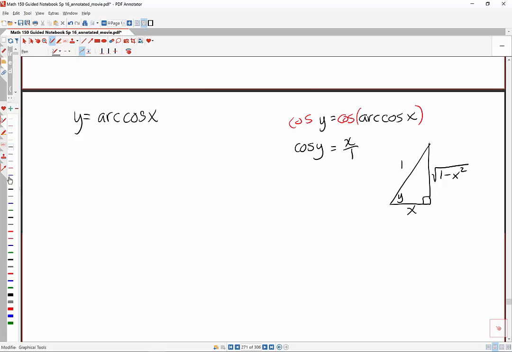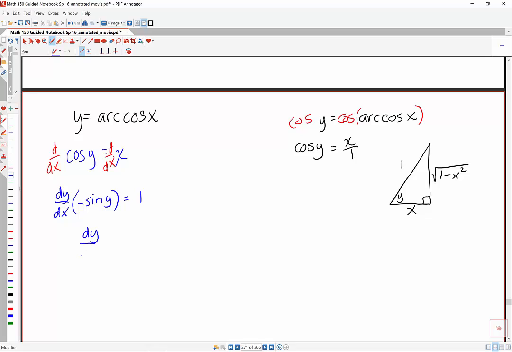So now we're going to consider cosine y equal to x. Differentiating both sides with respect to x, using implicit differentiation, I'm going to go a little faster now, we'll get dy dx times negative sine at y is equal to 1.